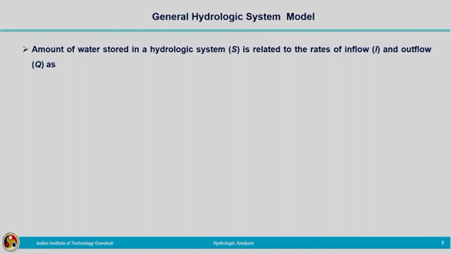Before going to the concepts which we are going to cover in this module, we need to have an understanding about the general hydrologic model. The amount of water stored in a hydrologic system, represented by capital S, is related to the rates of inflow I and outflow Q. That we know, inflow is there, and outflow is taking place at the outlet of the watershed.